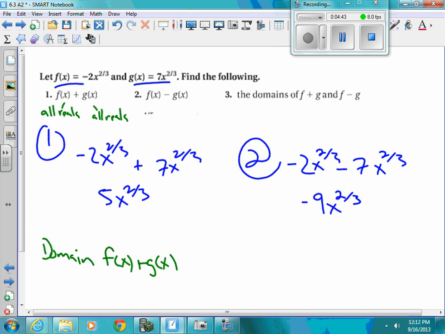So if it's all reals plugged in and we don't have any fractions when we're done, then the domain of this is still all real numbers. Over here, same idea. It was all reals going in for both functions. I don't have any fractions, so I don't have to worry about making the denominator 0. So it's all real numbers for f minus g as well. The only time it's not going to be real numbers is when you plug some number into a part of the function and it makes an undefined value.